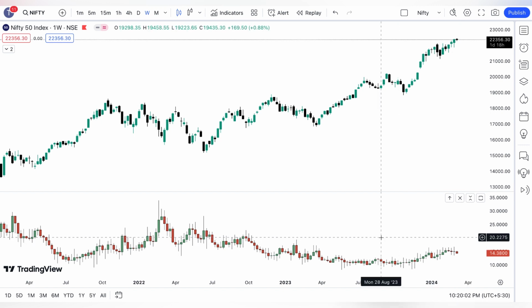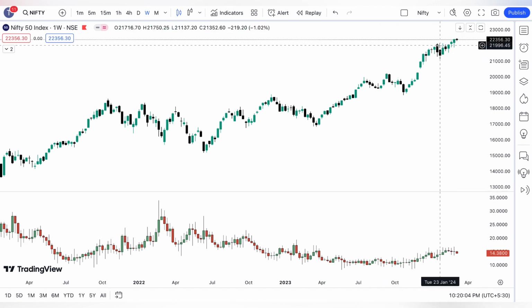So every time the market makes a new high from here, look at what India VIX is showing you. If it is showing an uptick along with the Nifty highs, it is time for someone who wants to be a good investor to step aside from the market and not make any new investments.